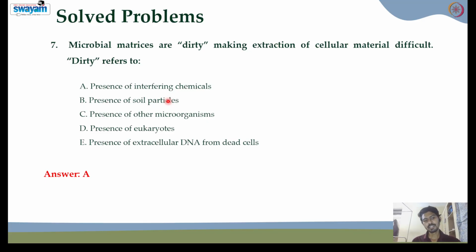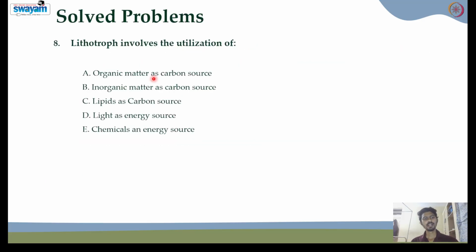So here dirty refers to the presence of various components within the matrix that make it difficult to extract cellular material, which includes other organisms. If it represents an organism, it can be a eukaryote or their extracellular DNA. So the correct answer is interfering chemicals. So we will move on to the next question.